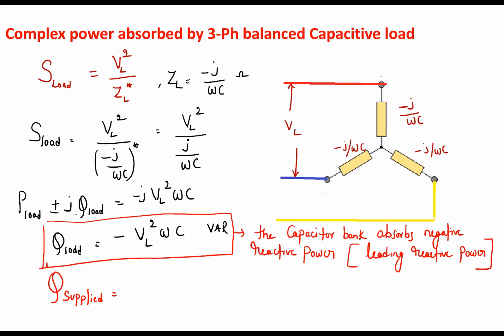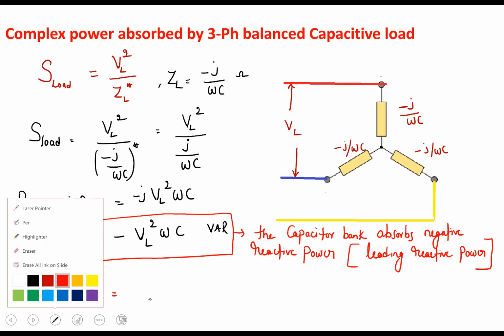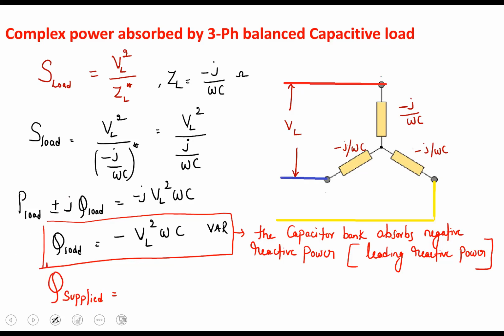The direction of absorption is this one. If you change the direction of the flow of the reactive power, it becomes supplied. Supply direction will be like this. So reactive power supplied by the capacitor bank would become VL square omega C var.